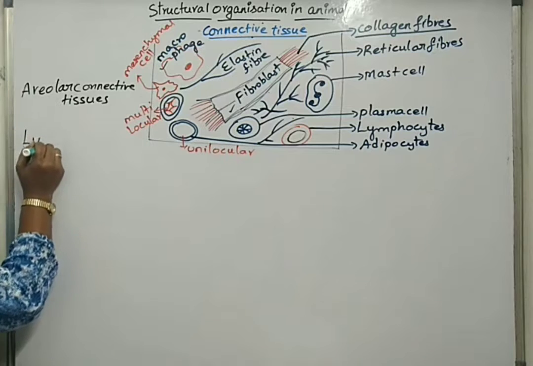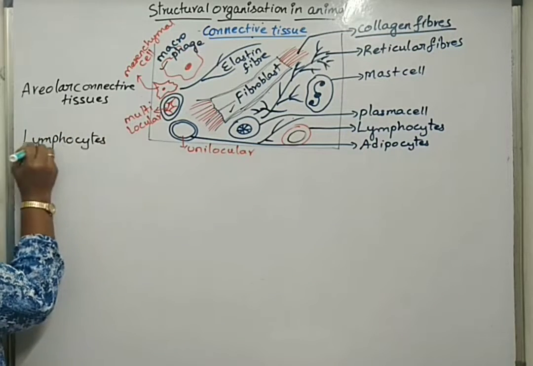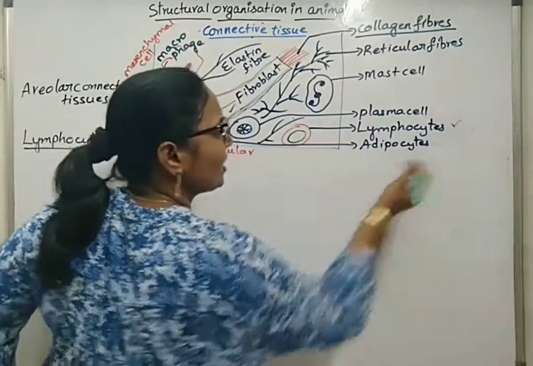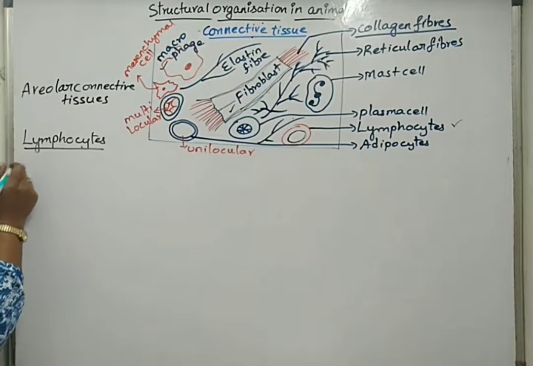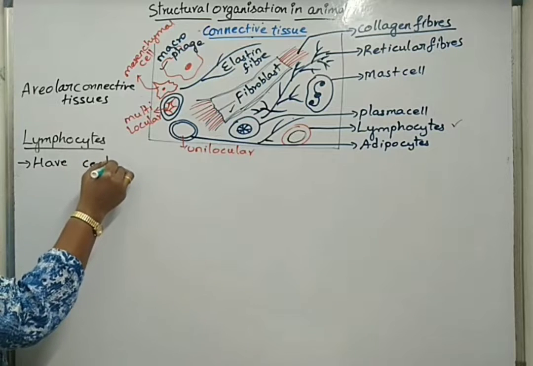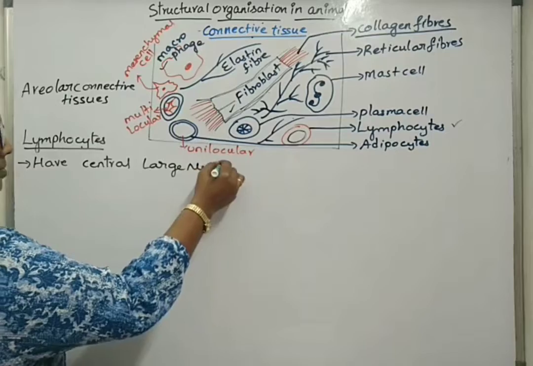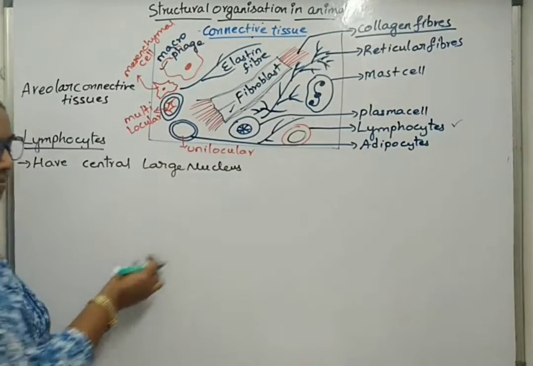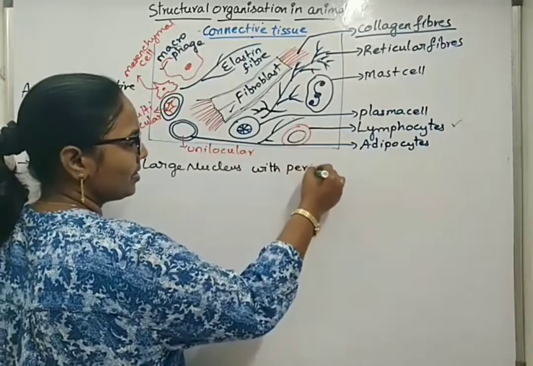Now lymphocytes. These lymphocytes have a central large nucleus with peripheral cytoplasm.